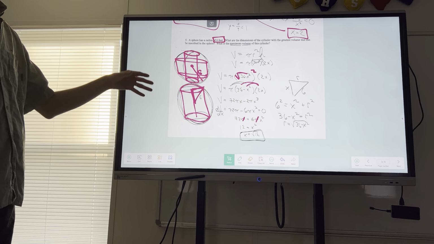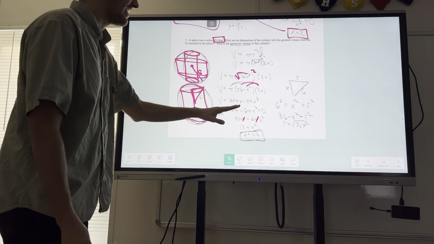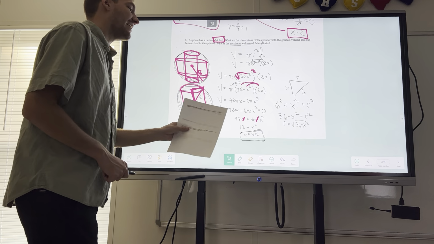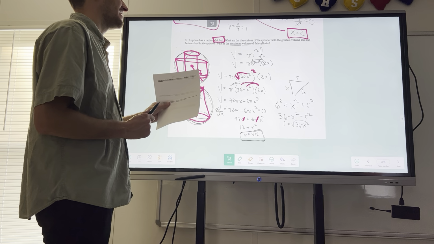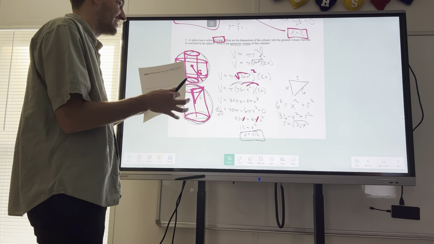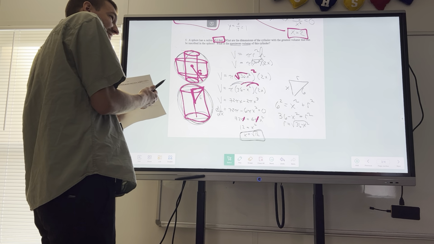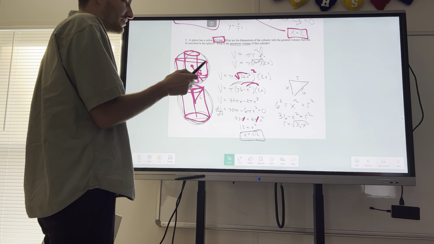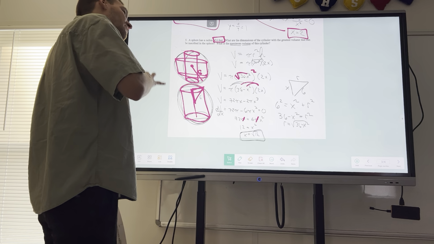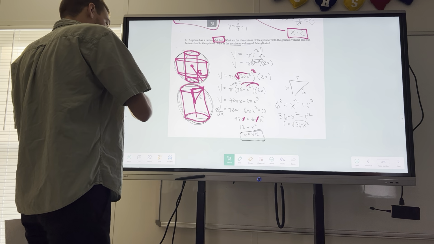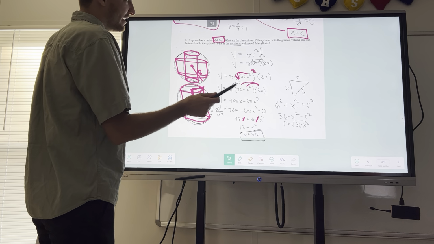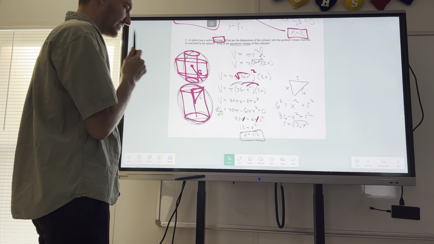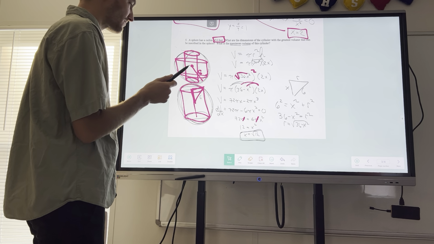Even with 1 million guesses, you might not be able to guess that x value. Now that x value is not the radius and it's not the height. We're going to have to use it to go backwards and find the height and the radius. So let's do that work before we finish here.